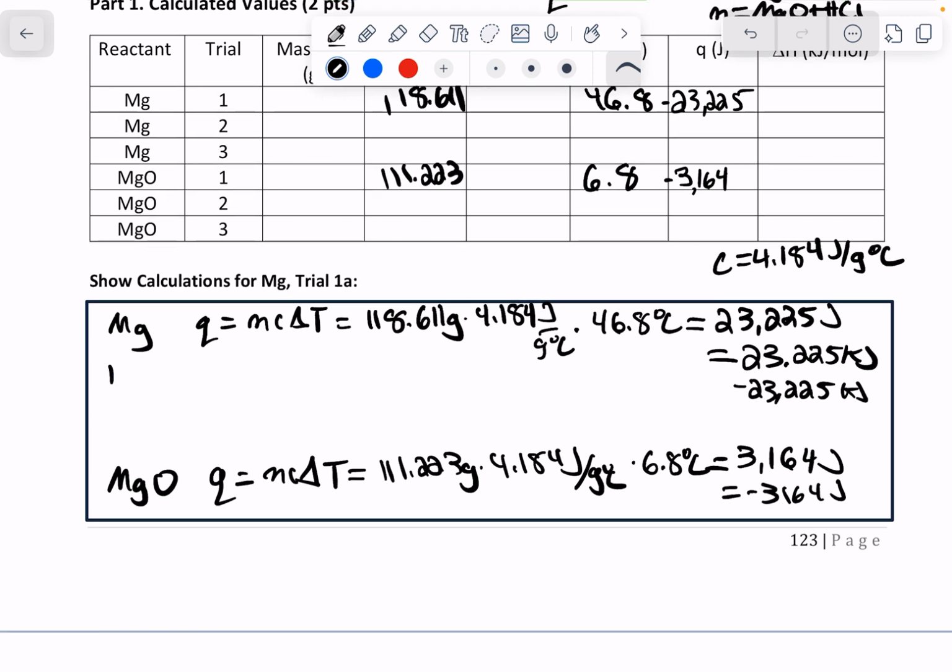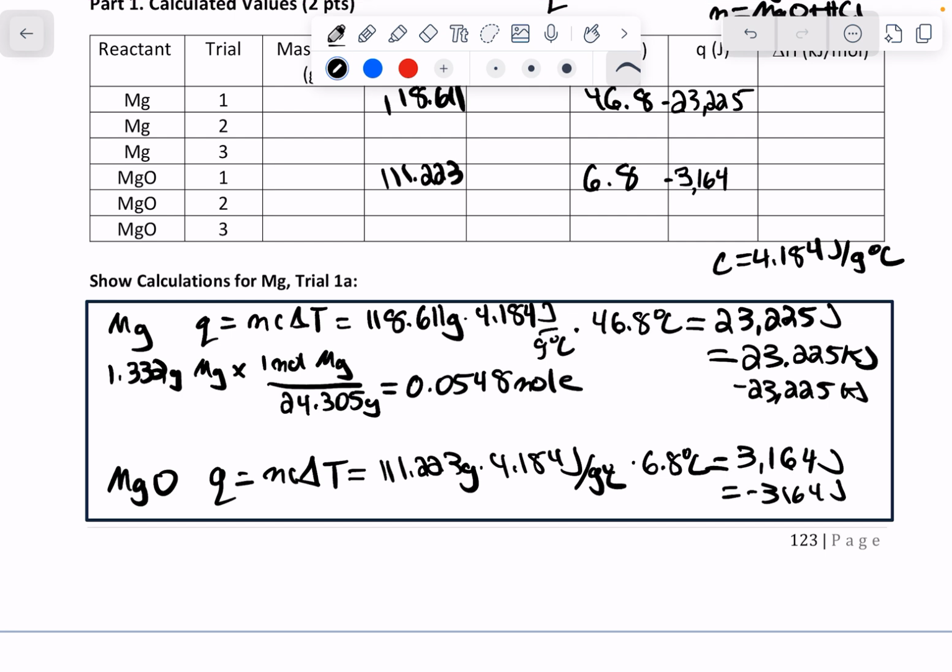So 1.332 grams Mg times 1 mole Mg divided by, get my periodic table, 24.305 grams. So 1.332 divided by 24.305, and I got an answer of 0.0548 moles.